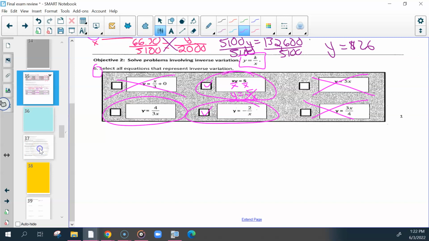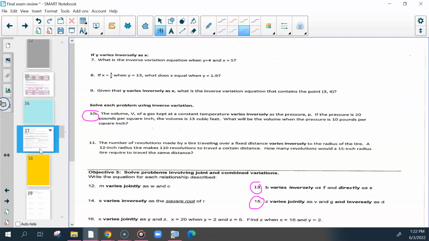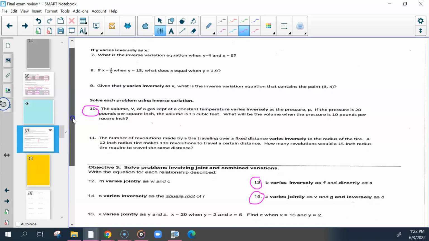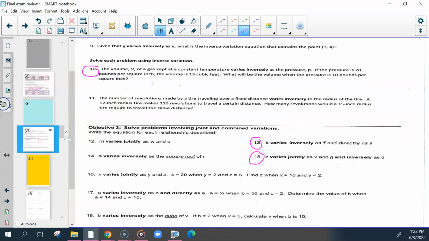On the next page, this is still part of inverse variation, but we're going to do number 10. For number 10, just like with the direct, you can set this up as an equation. The volume V is like our y, and it varies inversely as the pressure P, that's like our x.